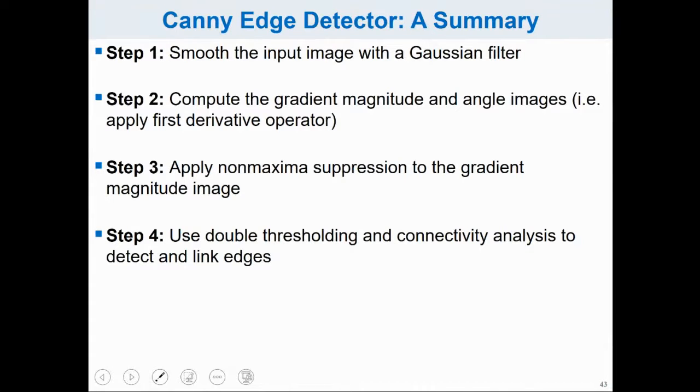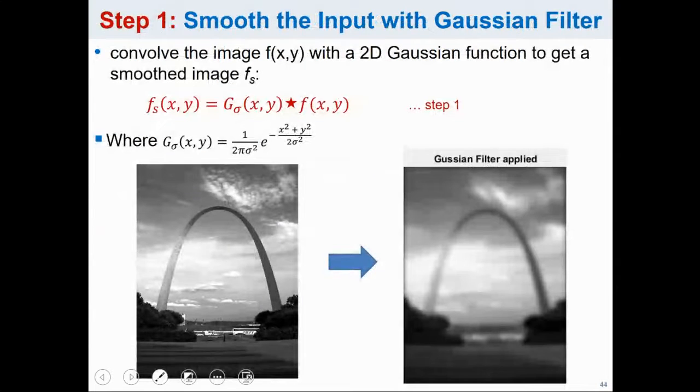The third step is to apply non-maxima suppression to the gradient magnitude image. And then use double thresholding, or what they call hysteresis thresholding, to link edges together. Let's look at them one by one.